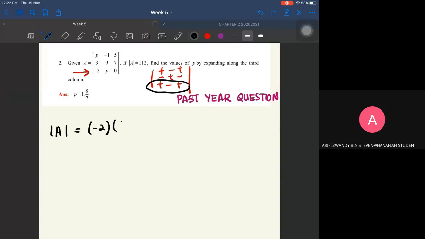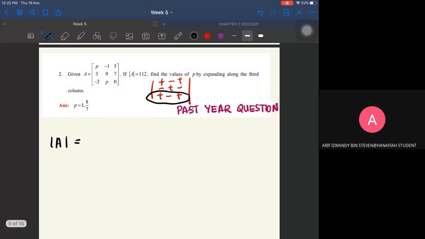The symbol is, sorry, this is row. The third column should be this one. So you are using this symbol.